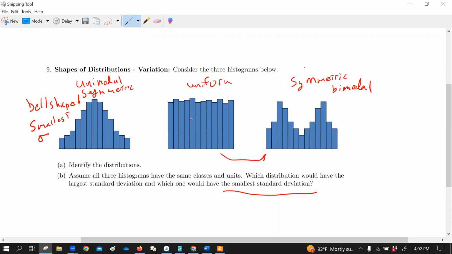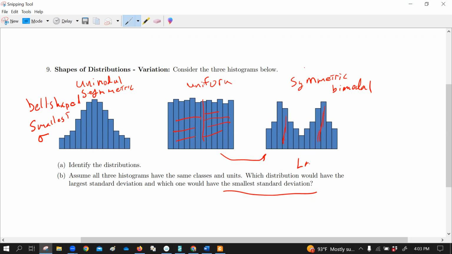Now, just because I know that the standard deviation is the average distance from the center, see how these are piled up? These are piled up way far from the center.